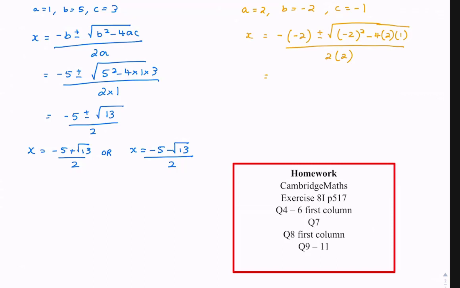So if we work that out using our calculators, two negatives make a positive, so I've now got +2 plus or minus. The calculator gives me 12 over 4.